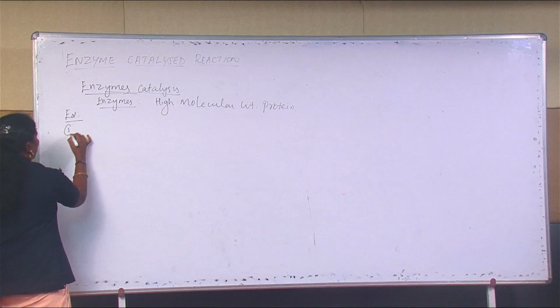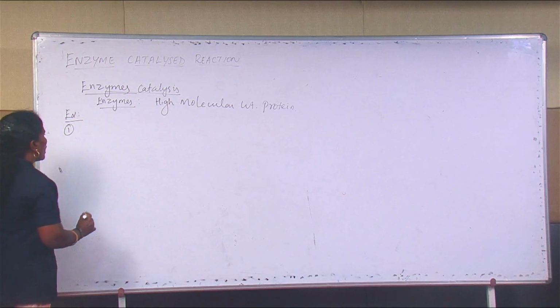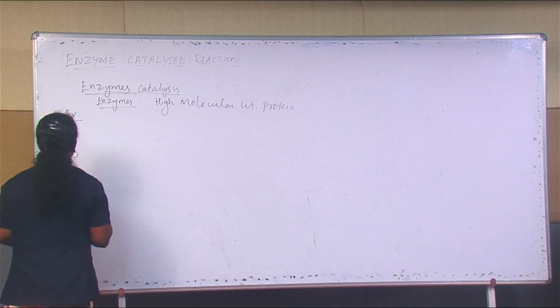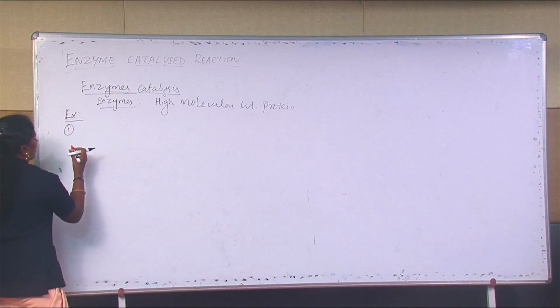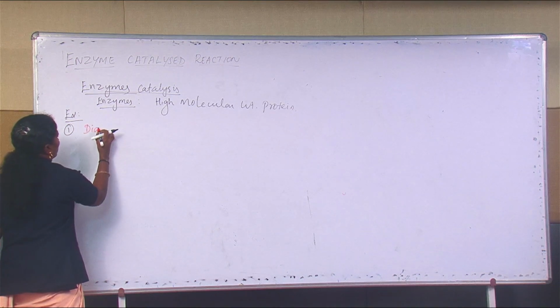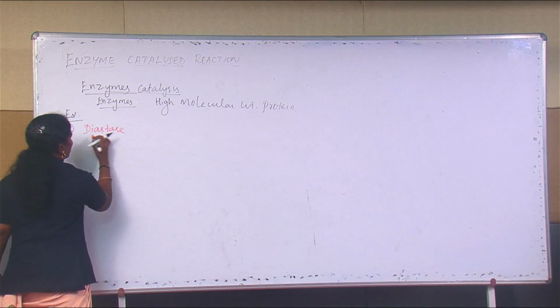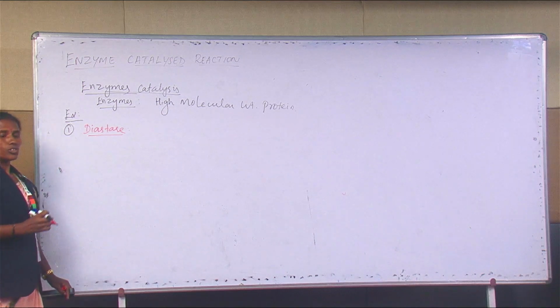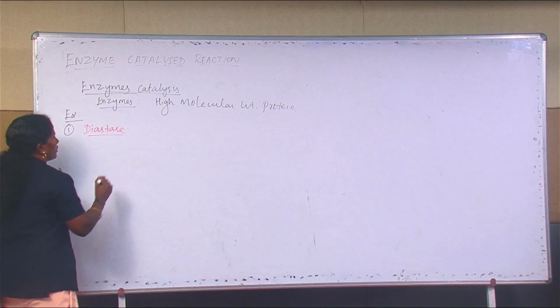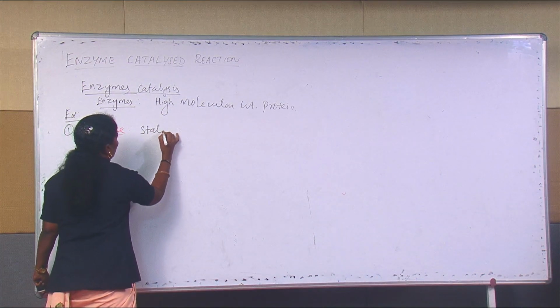The first one is the enzyme diastase, which is used to convert starch into maltose.